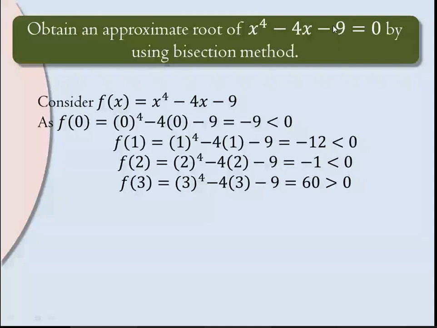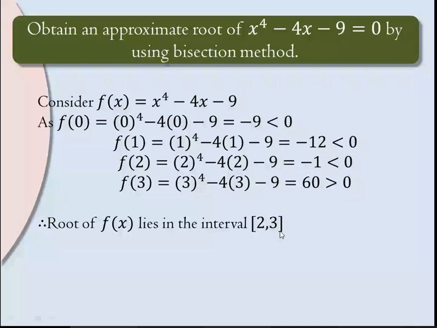Here, this is negative and this is positive, so we are considering the interval 2 to 3. The root lies between the interval 2, 3, because at one value it is negative and at the other it is positive. Now find the midpoint of 2 and 3.